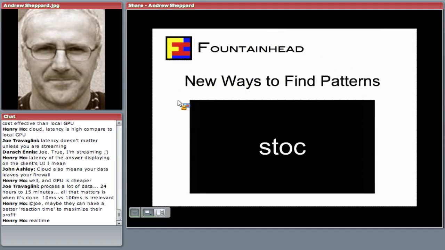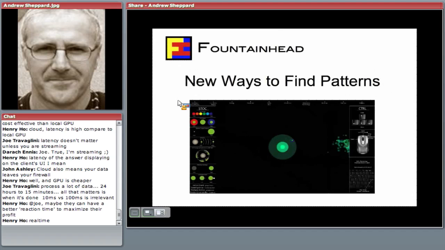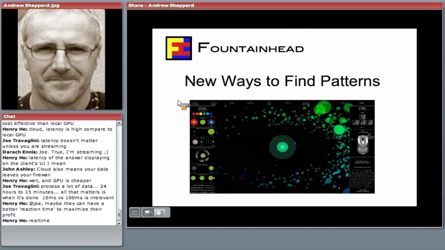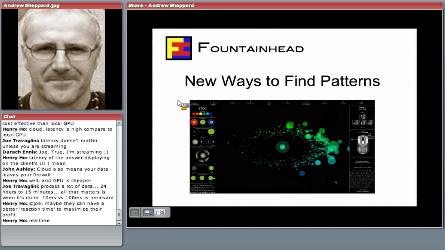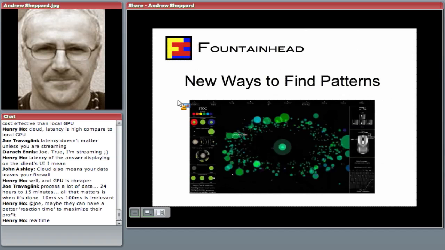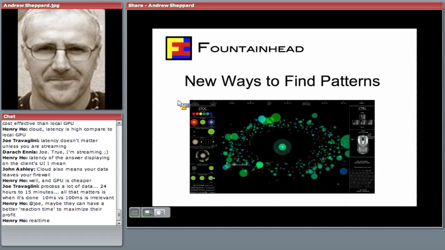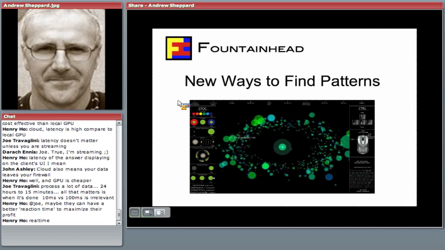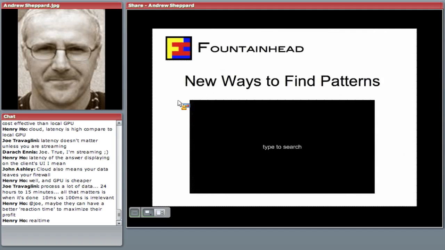I think we're also going to use GPUs to analyze and visualize data to see new and interesting patterns. And again, in finance, typically we're looking for profitable patterns. This is a little demonstration where essentially there's a stock universe. The size of the circle represents the capitalization, and the motion and other colors are indicative of several dimensions of data.